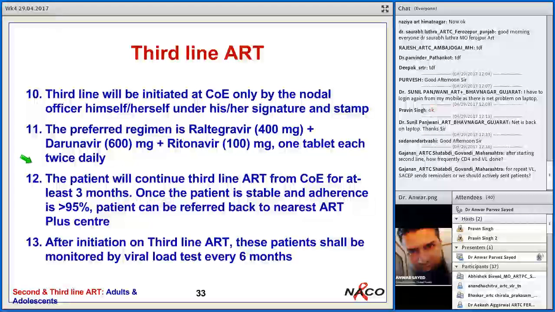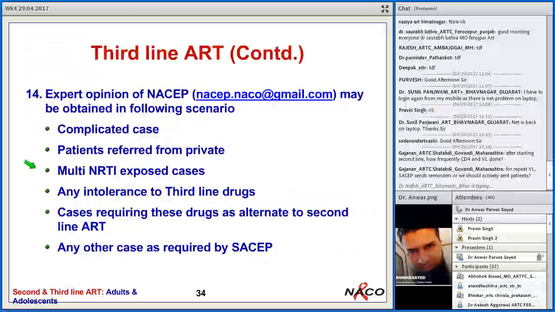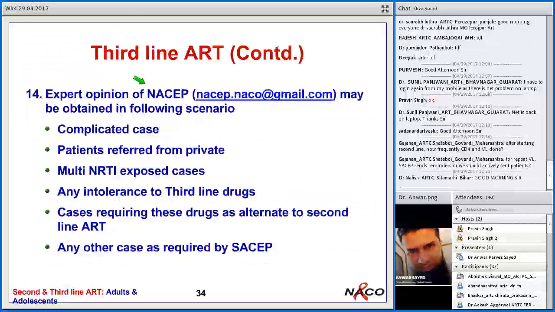The regimen which we use in the third line ART is Raltegravir 400 mg, Darunavir 600 mg, plus Ritonavir 100 mg, 1 tablet each, twice daily. There is again something called NASEP, that is National AIDS Clinical Expert Panel.